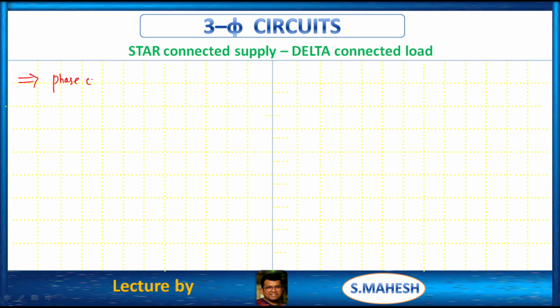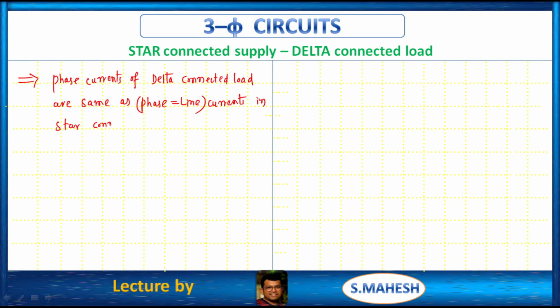Phase current of delta connected load. The phase currents of delta connected load are the same as the phase currents, which equals the line currents in a star connected supply system, right?